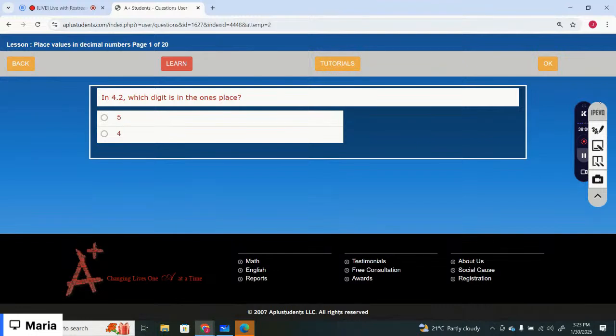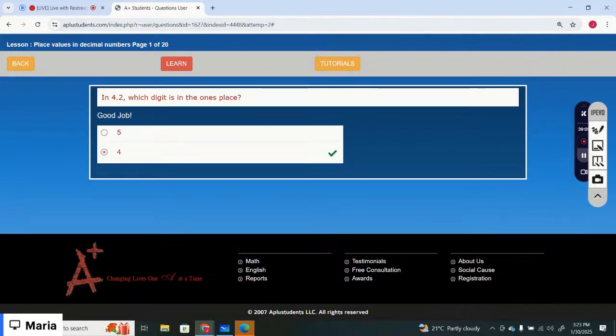So the ones digit is 4. 4 is the digit that is at the ones place.